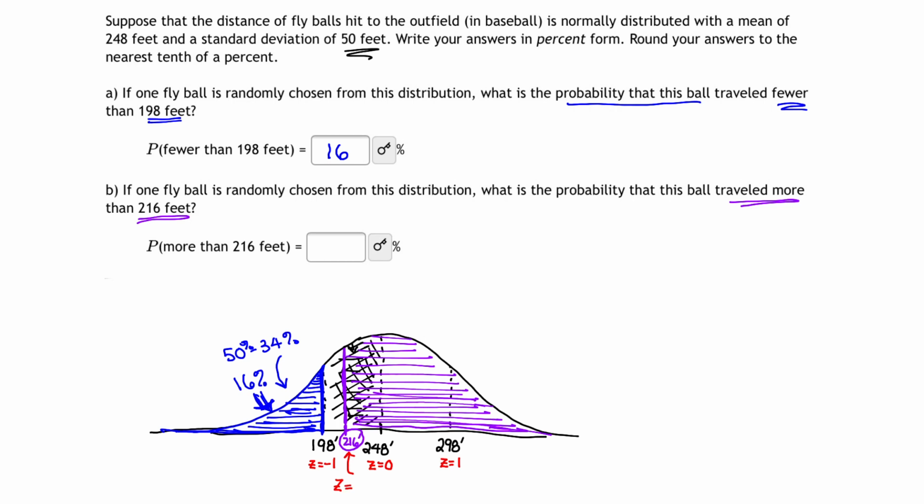To get that, I'm going to use the z-score rule. The z-score rule says that z equals x minus the mean divided by the standard deviation.